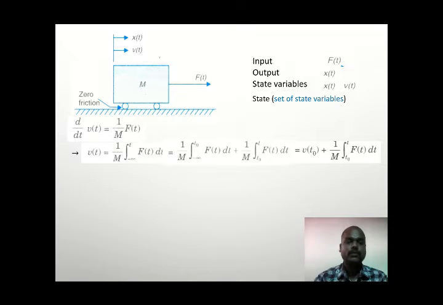If we write down the equation of motion, we obtain dv/dt equals acceleration, which is force divided by mass.